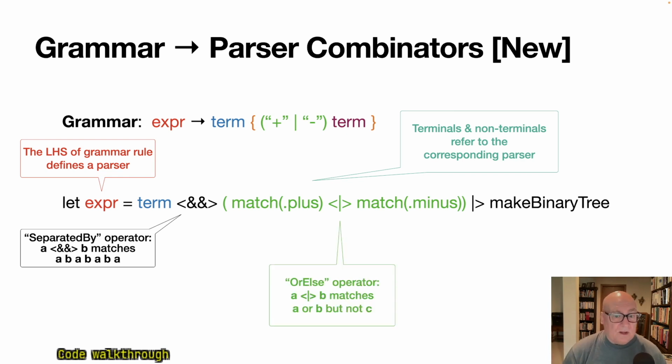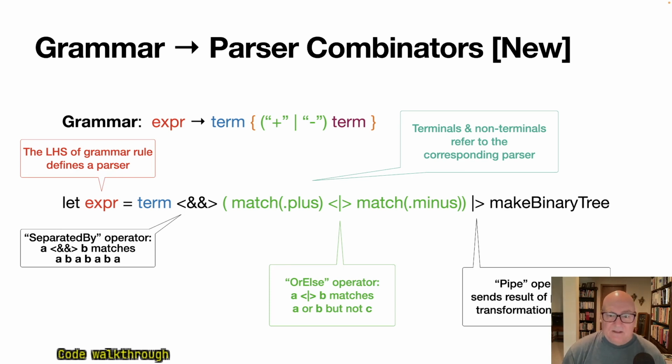All right. The or else, well, A or B, that's my grammar or operator, matches A or B, but not C. Okay. And then finally, there's a pipe operator. It sends the results of the parse to a transformation function. And so in our previous one, we returned expression. We want to do the same thing here, where this thing should return an expression. So make binary tree will take care of that.